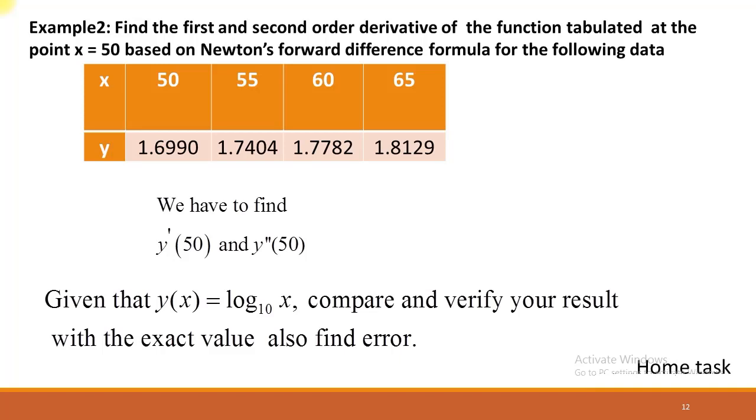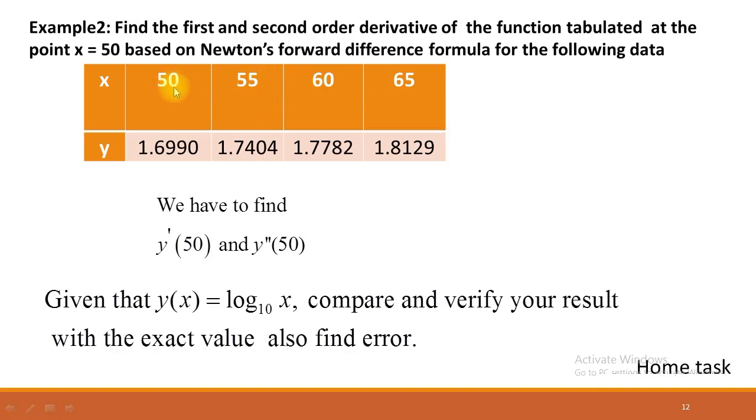Now this is also a home task for you. There is another example to find the first order and second order derivative of the function tabulated at the point x equal to 50 based on Newton forward difference formula for this data. These are the values of x, and the step size is 5.